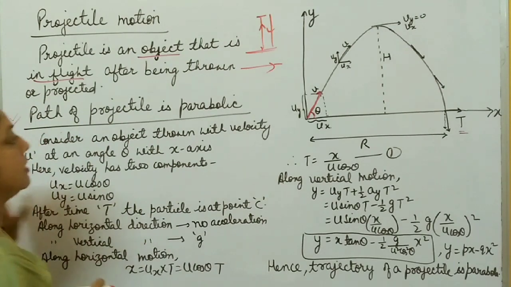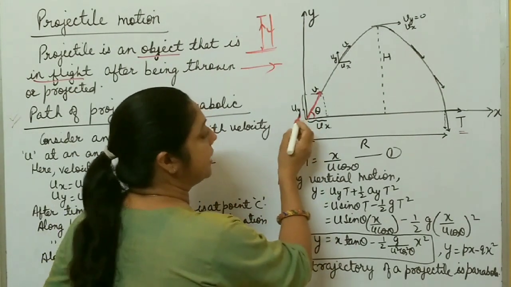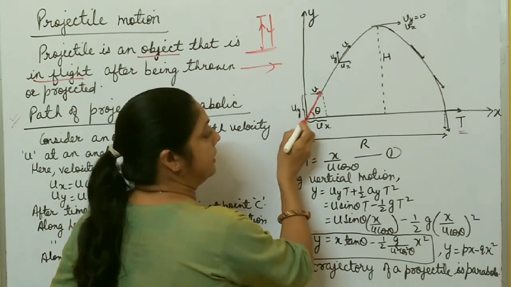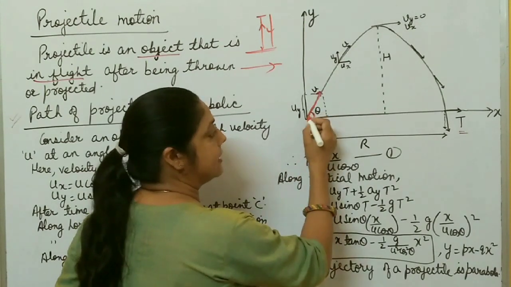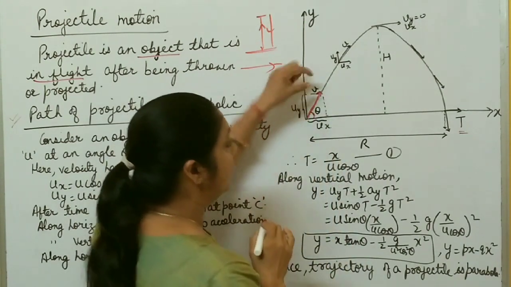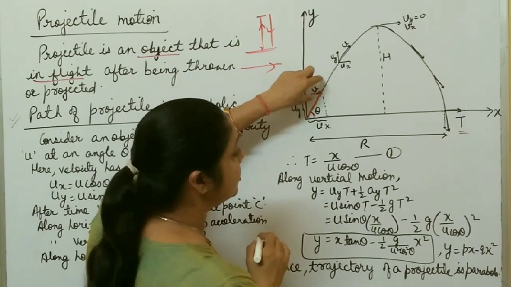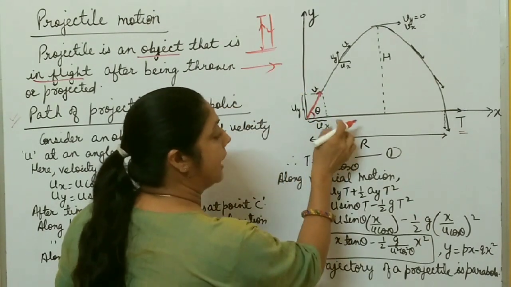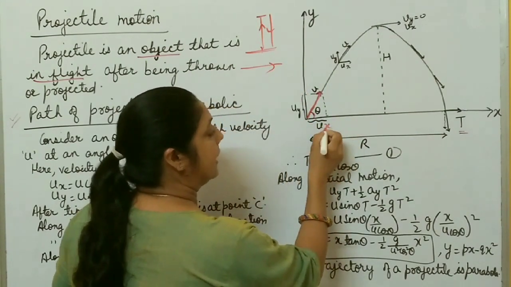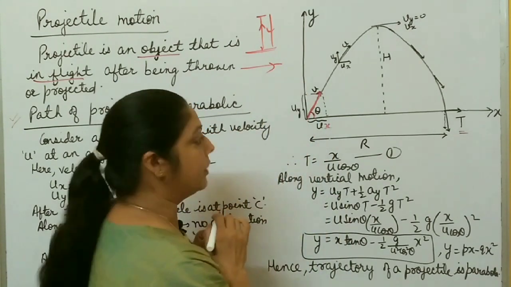So for that, let us suppose that an object is thrown with some angle theta with the x-axis with an initial velocity u. Now this initial velocity u has two components, one along the x-axis, ux, and another along the y-axis, uy.